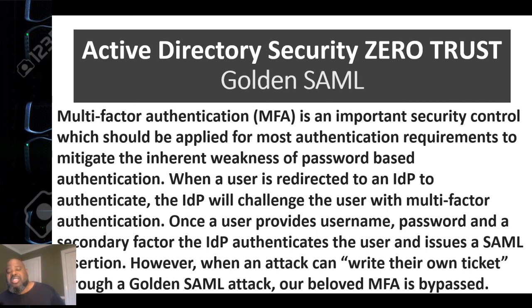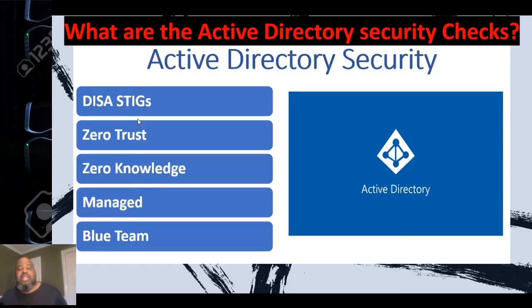The point is, when you steal the ticket out of SAML for the golden attack, you bypass MFA. So that actually made MFA useless. That was the first time you could say MFA couldn't solve that problem, because MFA is like the Swiss Army knife. If you have a problem, just throw MFA on there. So that was something quick.